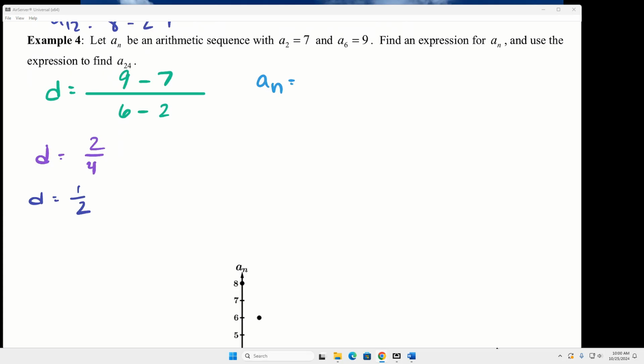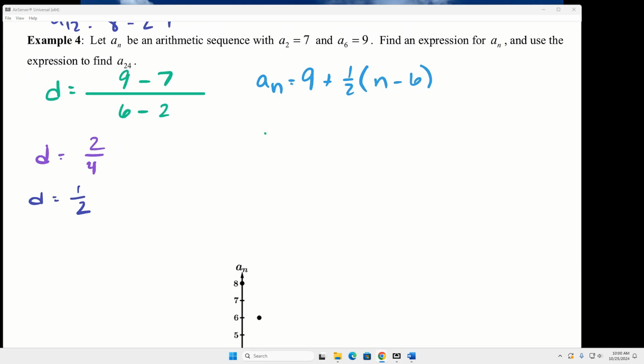But I'm just going to go ahead and use the 6 and the 9. So what would I write first, the 6 or the 9? The 9. And then we're going to add the common difference, and then it's going to be n minus 6. Okay, that is one of the expressions, not the only one.